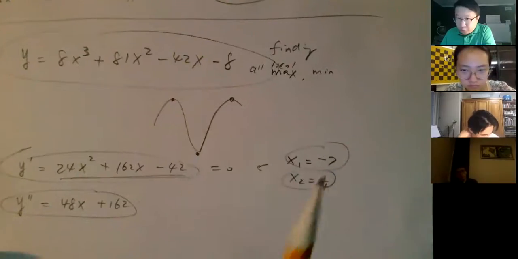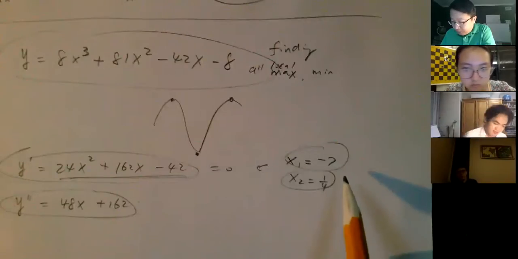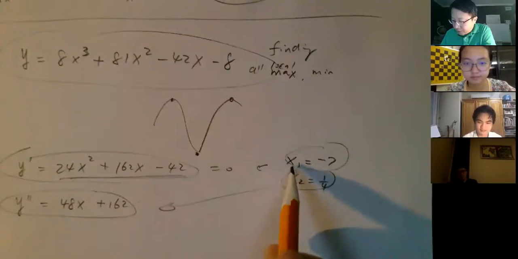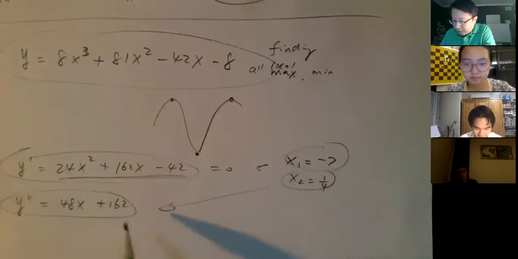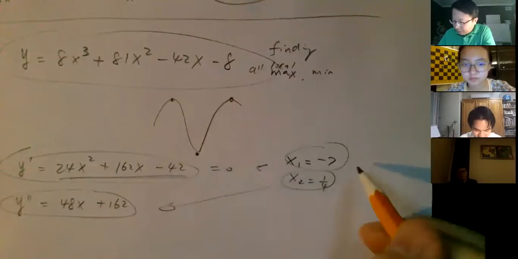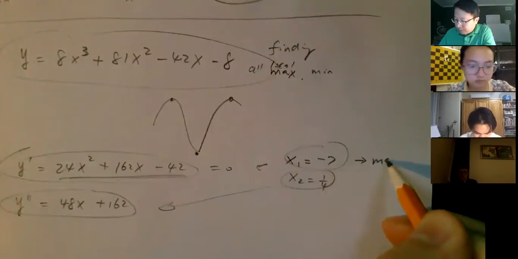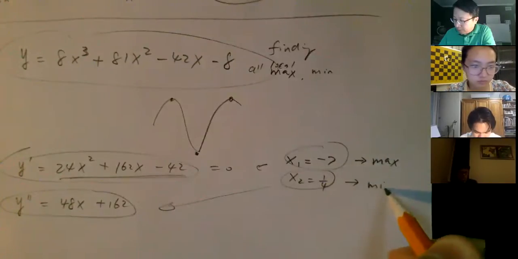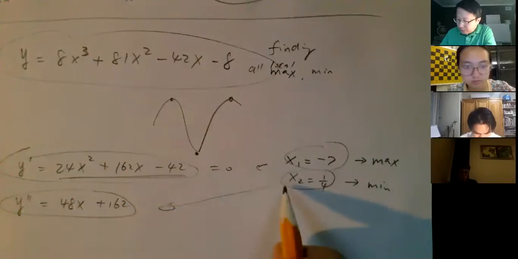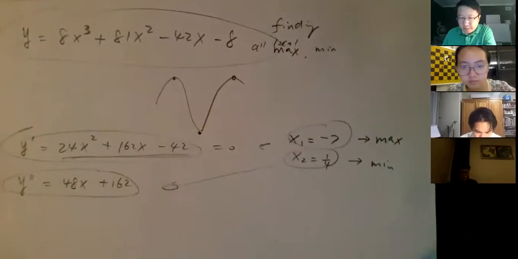So there are two places showing either a local maximum or minimum. Then you put these back, and you can know whether the second derivative at this location is larger than 0 or smaller than 0. So this one eventually proved to be a maximum, and this one is a minimum, because this place you put in here is smaller than 0, and this one is larger than 0. Good.